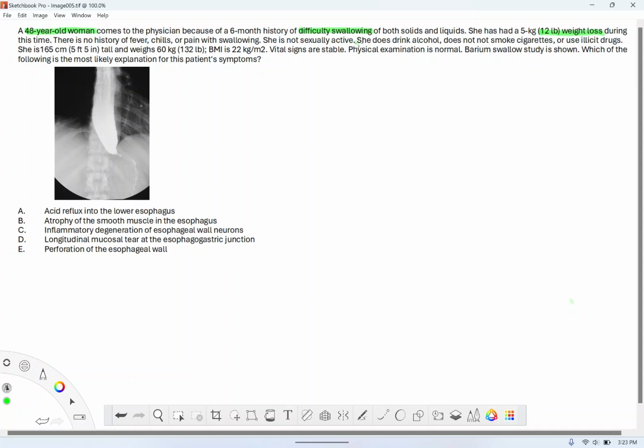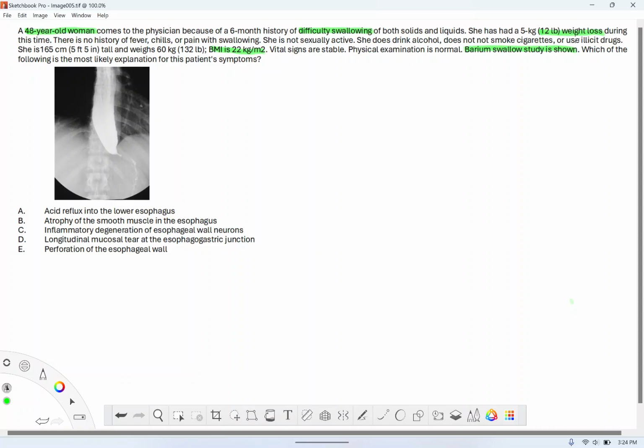She is not sexually active. She does not drink alcohol, does not smoke cigarettes or use illicit drugs. She's 5'5", BMI is 22, that's okay, that's good. Vital signs are stable, physical examination is normal, barium swallow is shown. Which of the following is the most likely explanation for the symptoms?